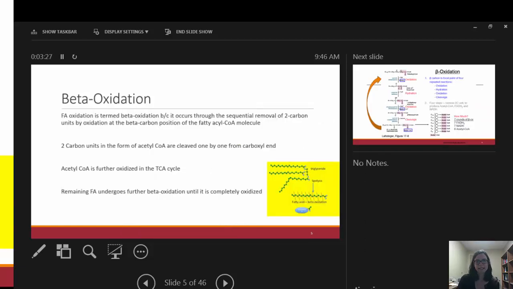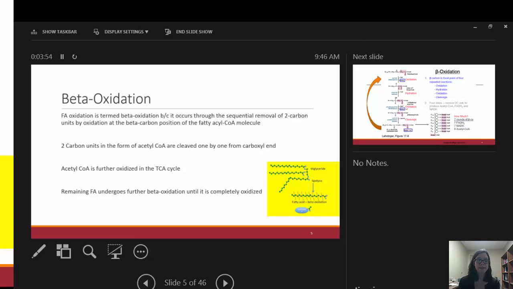Okay, so beta oxidation, I'm sure, is a term that you're familiar with. And this is the process by which there is a removal of 2 carbon units from the carboxyl end of a fatty acid in order to oxidize the fatty acid. So in beta oxidation, we remove 2 carbon units from the end, and these 2 carbon units are in the form of acetyl-CoA.